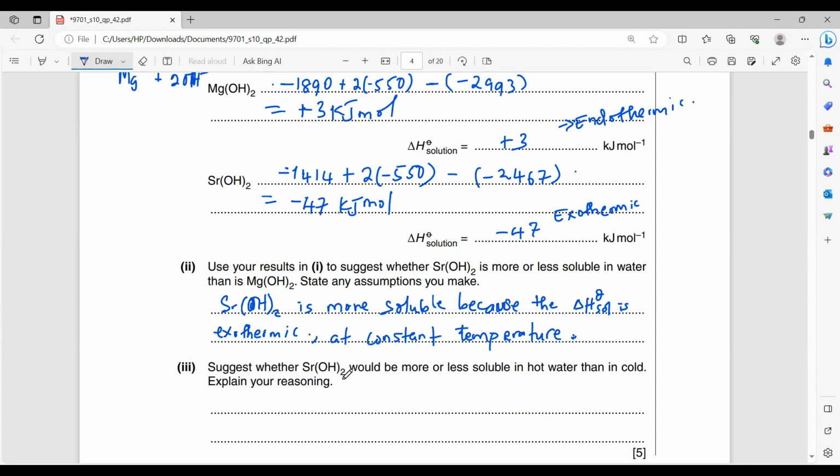Suggest whether strontium hydroxide will be more or less soluble in hot water than in cold water. Explain your reason. Since the enthalpy change of solution is exothermic, it will be more soluble in cold water.